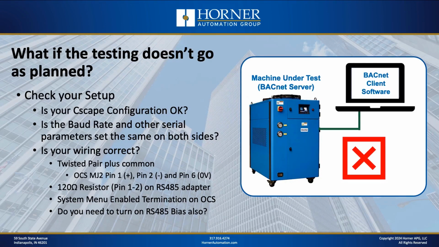Double checking the wiring. You're not just plugging in a patch cable, you've got to double check your wiring. So you need typically a twisted pair. It's always a good idea to have a twisted pair and a common. All right, so in the case of the pinout you're going to need with the OCS, that's probably MJ2 is probably the port you're connected to.